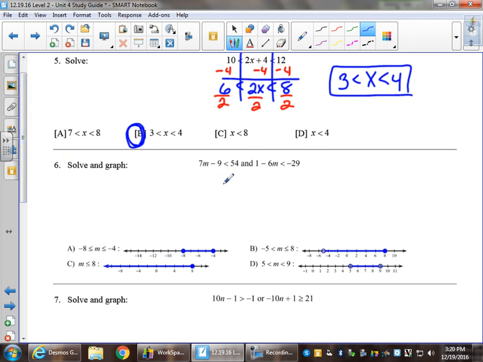Number 6, we have an and, but notice it's broken up into two inequalities, so we're going to do one at a time. Let's add 9 to both sides. 7m is less than 63. Divide by 7, divide by 7. M is less than 9. For this one on the right side, we'll subtract 1 from both sides.